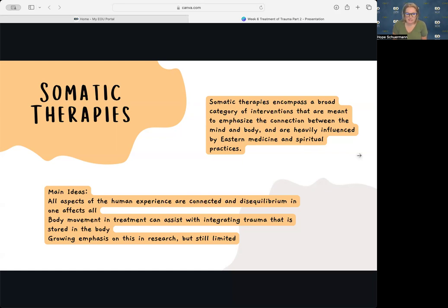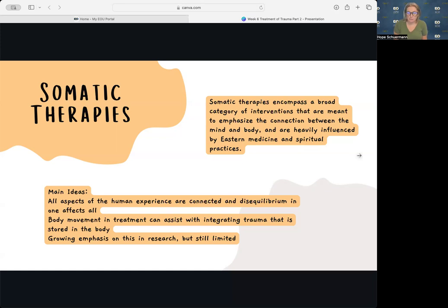So some of the main ideas are all aspects of the human experience are connected, and when we have disequilibrium in one part, that affects all parts of our body. We've certainly seen that come through in the research as well. Another main idea is that body movement in the treatment of trauma can assist with integration of the trauma that is stored in the body.